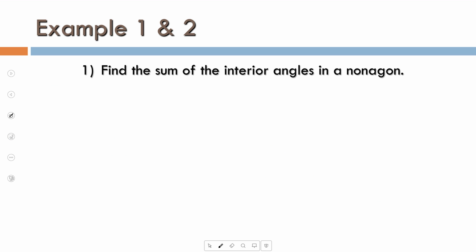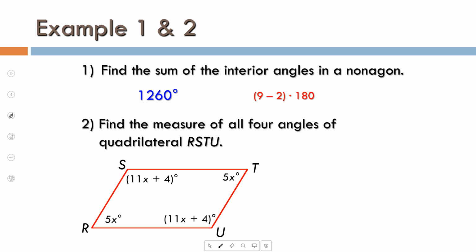Okie doke. We did that already. Let's skip that one. Quadrilateral. What do I know about angle R, angle S, angle T, and angle U? Ashley?